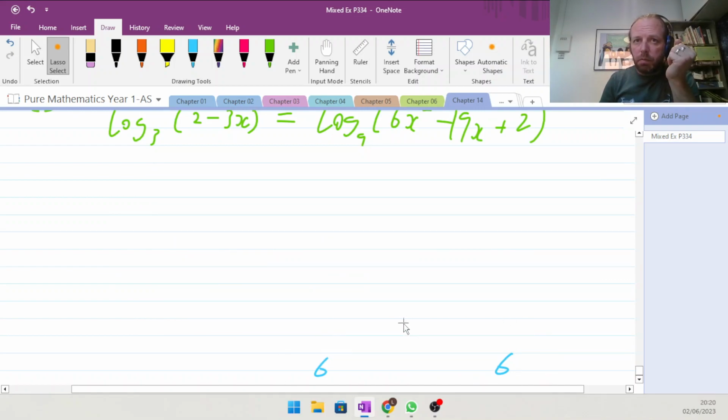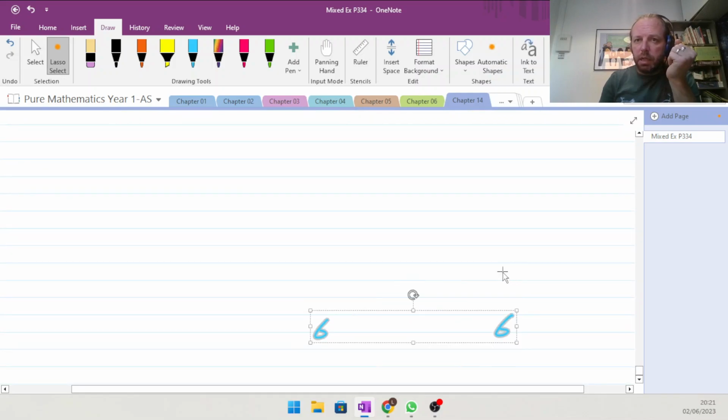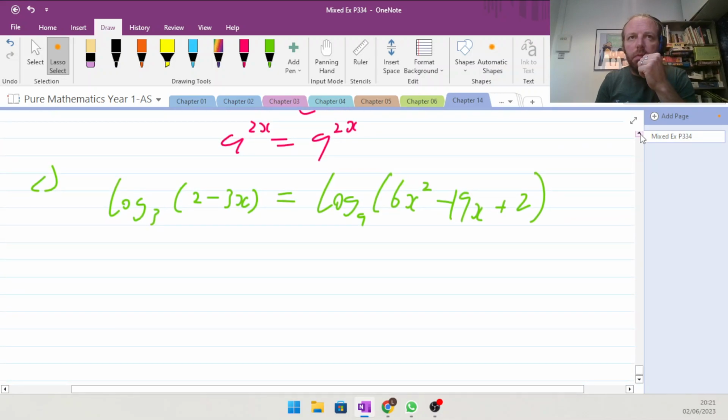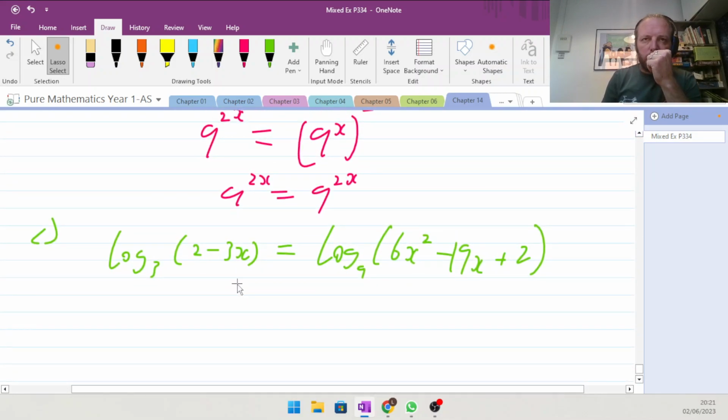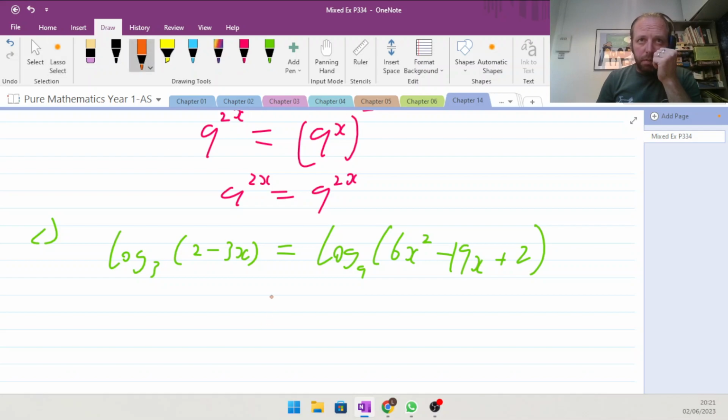Okay, let's try that again and see what happens. I think what we want to do here is look at these bases and see if we can change the bases of things.